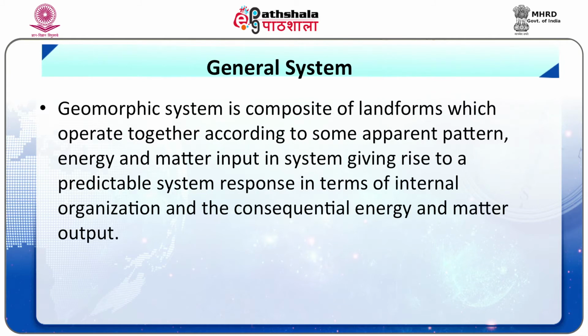A geomorphic system is then an inclusive composite of landforms which operate together according to some apparent pattern, energy and matter input into the system, giving rise to a predictable system response in terms of internal organization and consequential energy and matter output.